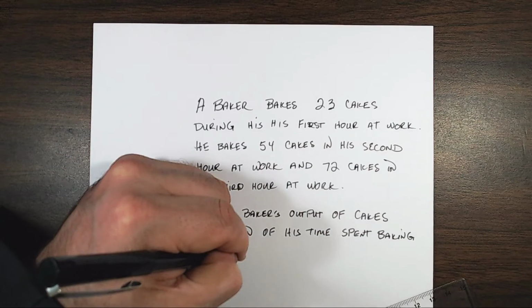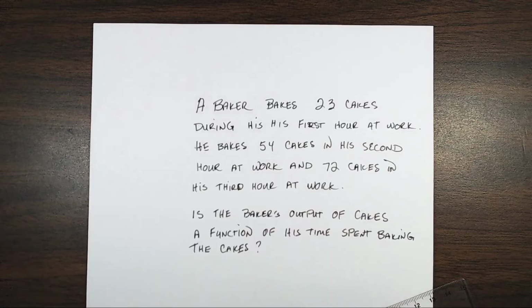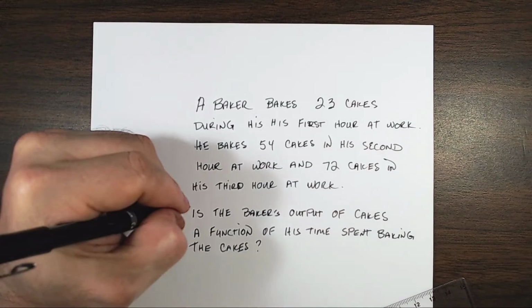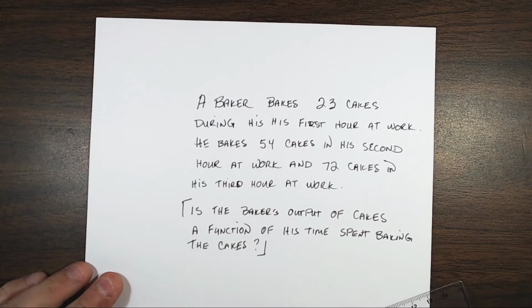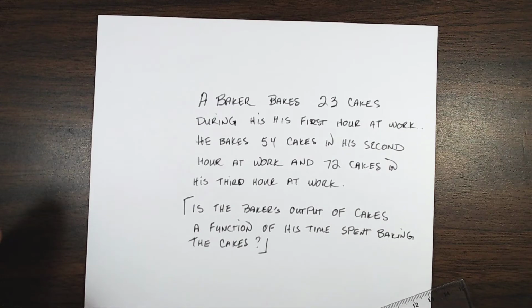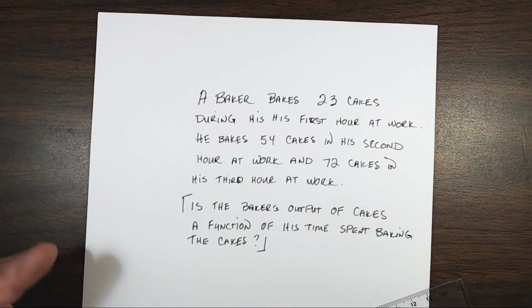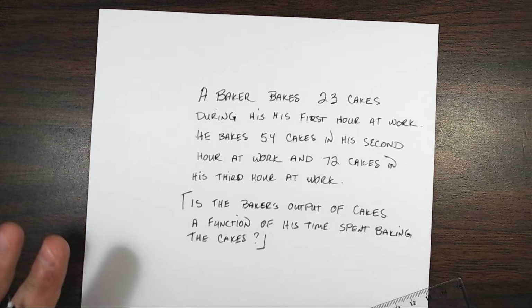Now, most people's gut reaction to this is to say that it is a function, because it sounds like the amount of cakes he makes is based on the amount of time he works. But let's find out if it's really a mathematical function.